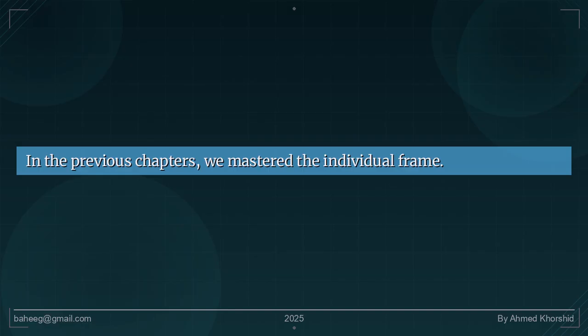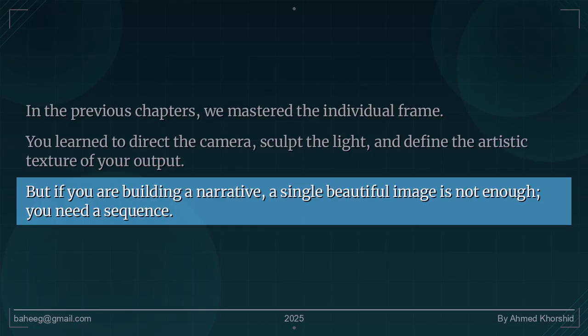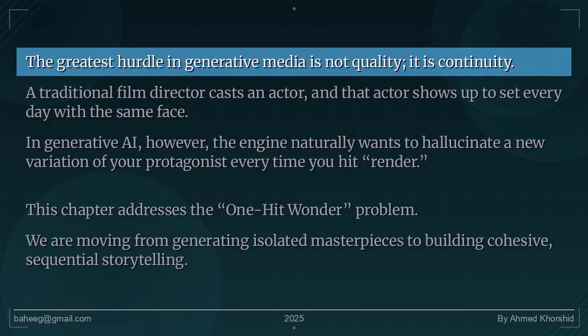In the previous chapters, we mastered the individual frame. You learned to direct the camera, sculpt the light, and define the artistic texture of your output. But if you are building a narrative, a single beautiful image is not enough, you need a sequence. The greatest hurdle in generative media is not quality, it is continuity.